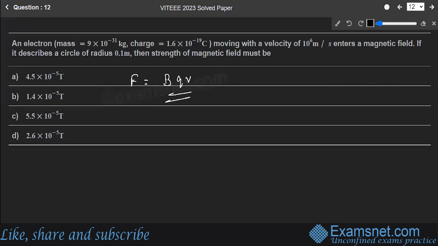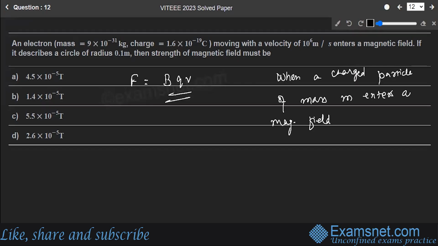When a charged particle of mass m enters a magnetic field with density B at velocity v, then a force acts on it.